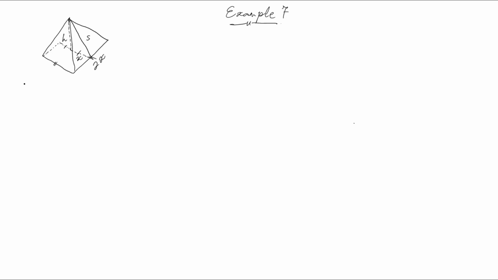So let's start off with our first constraint, which is the volume of the pyramid is equal to 1 over 3 the base square multiplied with the height, is equal to 4 over 3. Okay, so I need to save a lot of space for this one.